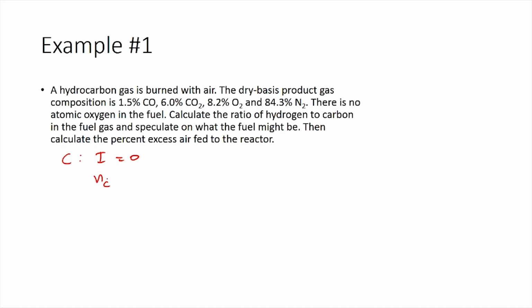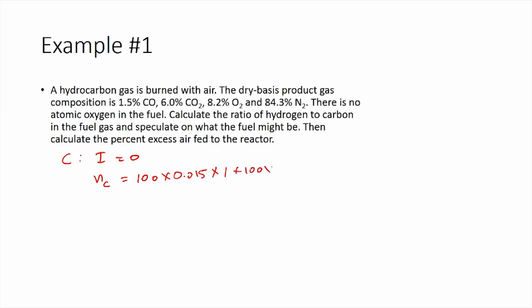Input is Nc. We have assumed Nc is the number of moles of carbon atoms which is entering, and carbon atoms are leaving the system in the form of carbon monoxide and carbon dioxide. So, you have 100 moles of dry gas times 0.015, which is the mole fraction of carbon monoxide in the dry gas, times 1, which is the number of atoms of carbon present in carbon monoxide.